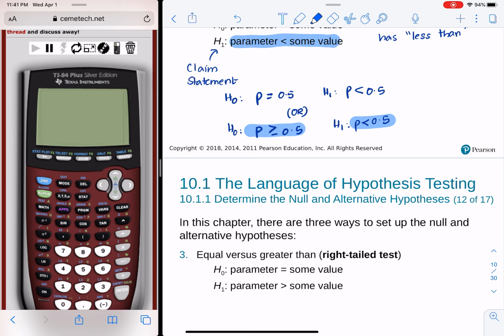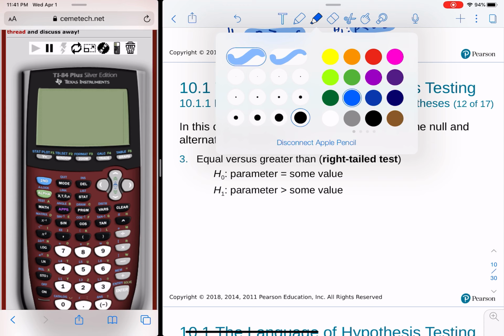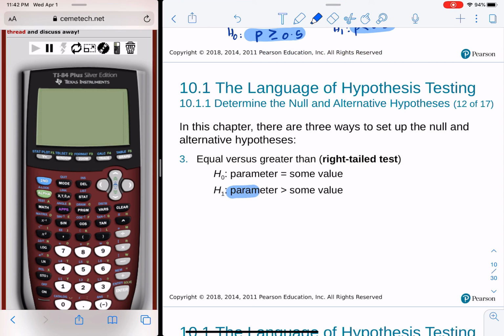The other case would be to look at a greater than type. In other words, the claim statement has a greater than sign in it. So the parameter is greater than some value. As an example, I am going to consider the population mean.